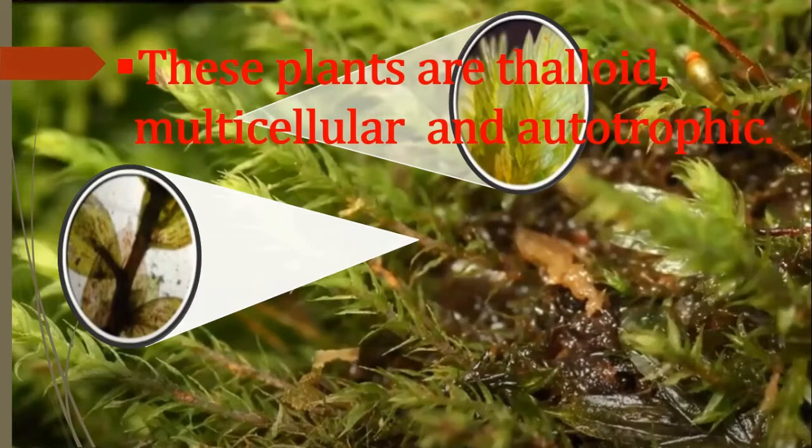Thalloid means an organism or structure resembling a thallus. A thallus usually means the entire body of a multicellular non-moving organism in which there is no organization of tissues into organs. Multicellular means many cells and autotrophic means green plants which can prepare their own food in presence of sunlight.